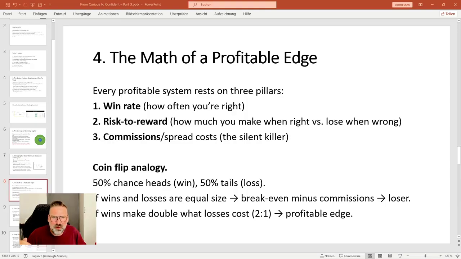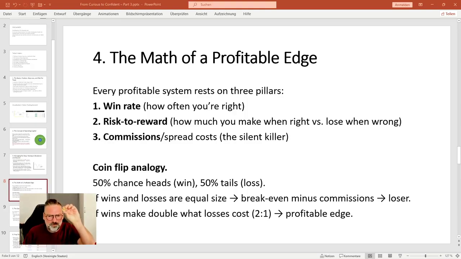That's your risk per trade. So now you have to also define how much you will make when you're right. And then the third aspect is commissions, spread costs, the silent killer, often forgotten, but luckily we covered that in the last video, so you already know that trading costs money.